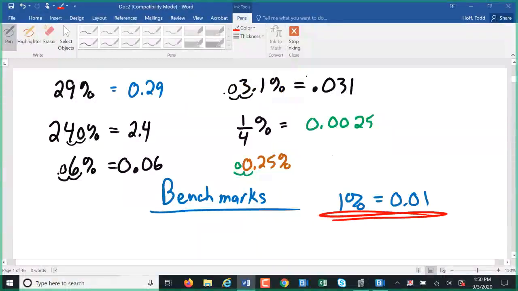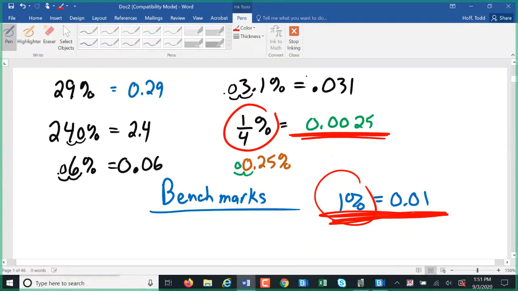And we use those benchmarks to compare other things to, answers to, in other words. If 1% is 0.01 as a decimal, we look up here, 1/4 of a percent is smaller than 1%. If 1/4 of a percent is smaller than 1%, its decimal form or rate has to be smaller than the 0.01. So the 0.0025 makes sense.